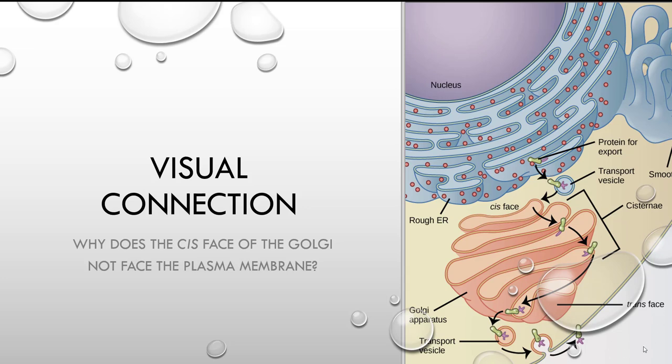The Golgi apparatus is the packing and shipping department, so it's going to be shipping things towards the plasma membrane from the trans face. So it doesn't make sense for the receiving end to be facing the plasma membrane because it's the shipping department. All right. So the cis face faces the endoplasmic reticulum, the interior of the cell.